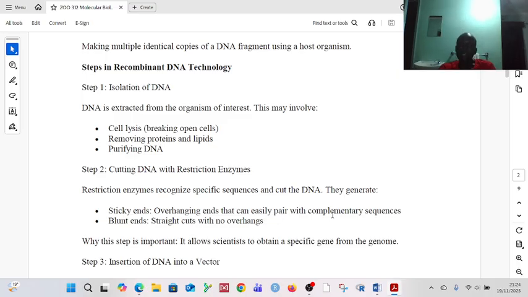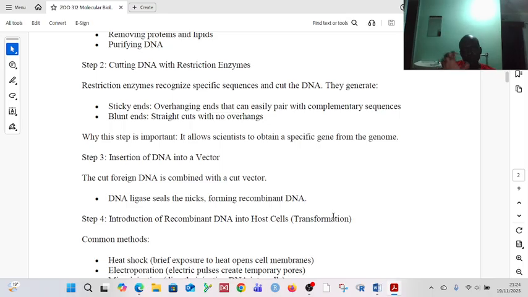You only want a specific gene. So that's why you are trying to get restriction enzymes that will only cut that specific gene from that particular genomic DNA.